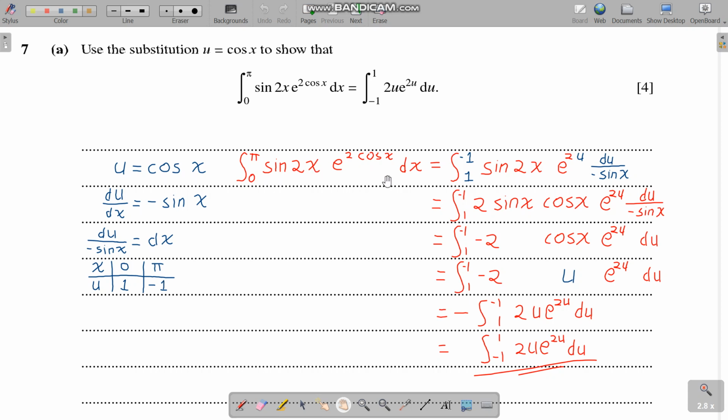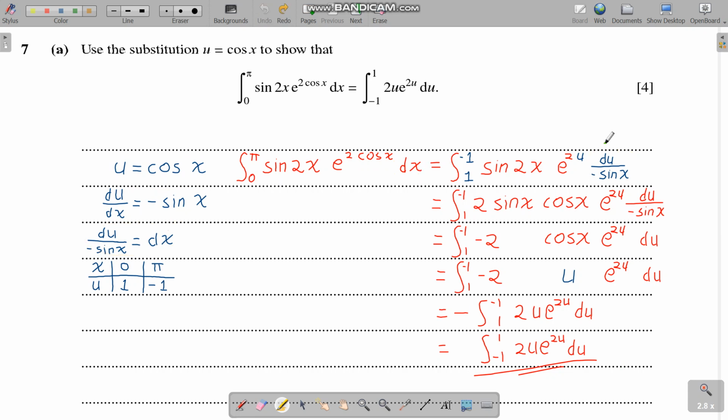We can substitute. We replace the 0 with 1. So here 0 becomes 1, and the pi becomes minus 1, and the cos x becomes u, and the dx becomes du over minus sine x.